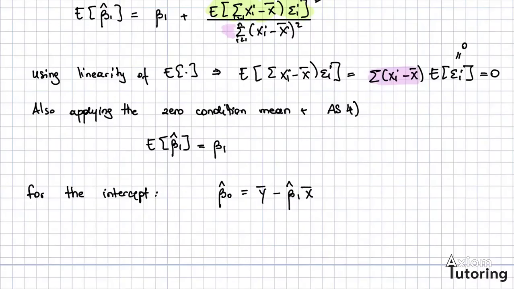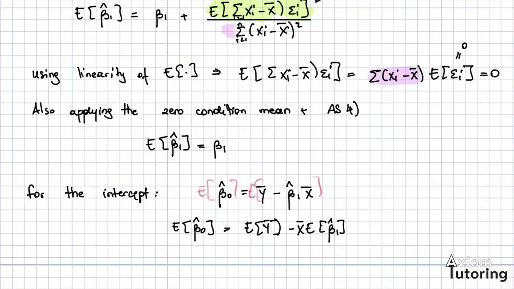From here, applying the expectation on both sides, we can re-express this as the expectation of beta null hat equal to the expectation of y bar minus the expectation of beta 1 hat, and I can just take x bar, being a number, in front of this expression.